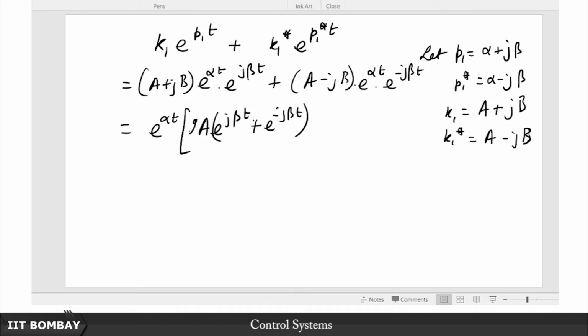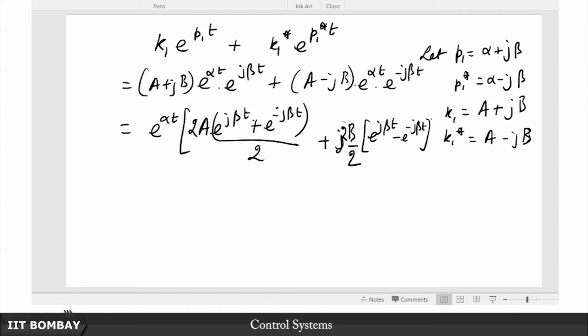Let me just adjust by 2 here, plus jb by 2, and I write this as e to the j beta t minus e to the minus j beta t, so 2b by b.